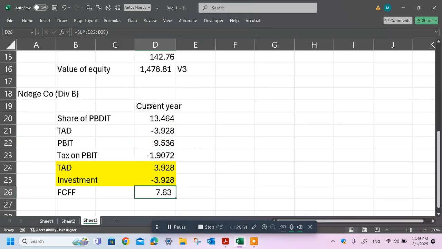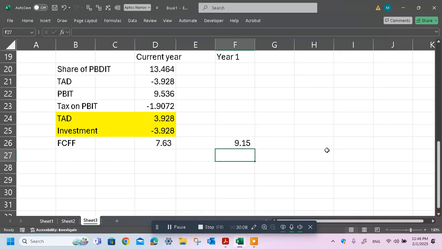This is what? Current year. Remember, this is FCFF 0. I need year 1 FCFF. What do they say about year 1? This will grow by 20%, 120%. That is the year 1 FCFF. Let me mark it as FCFF 1.